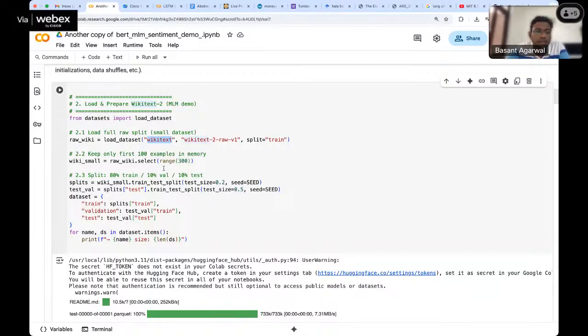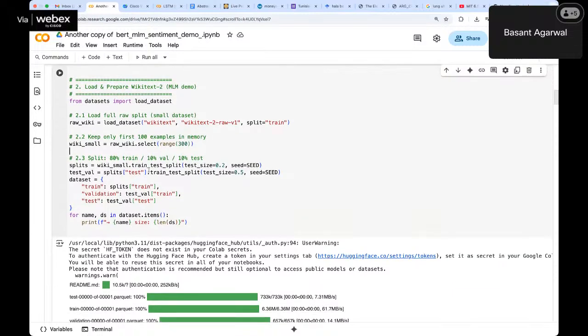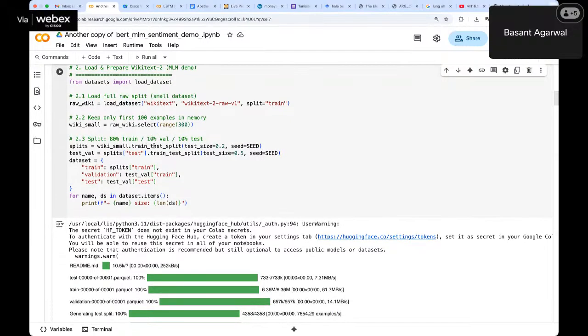Okay, so from this data set, I have just taken 300 samples, as mentioned, to save the time for executing and running this model. But you can use this code for your data and your problem, so that you can easily update the data set settings. And then first we divide the data into 80% training data, 10% validation data and 10% testing data.